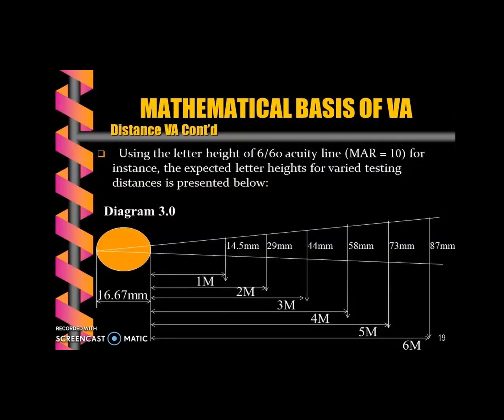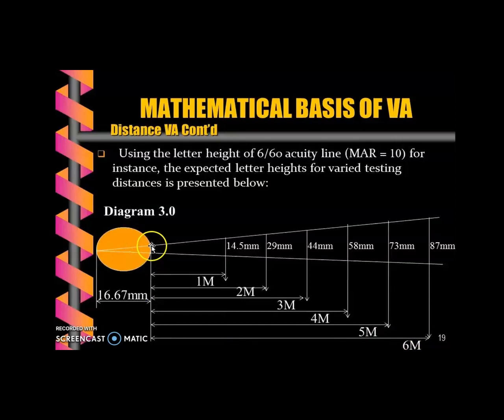Using the letter height of the 6/60 acuity line, for instance, the minimum angle of resolution will be equal to 10. For instance, the expected letter heights for varied testing distances are presented below. Here is the 6 meter line from the cornea plane.